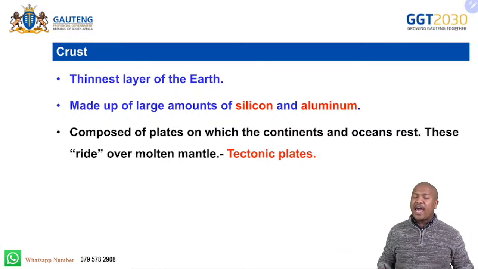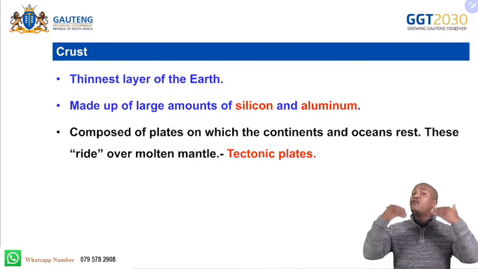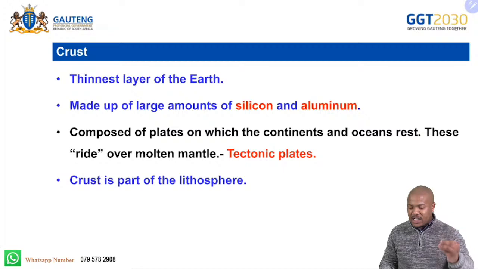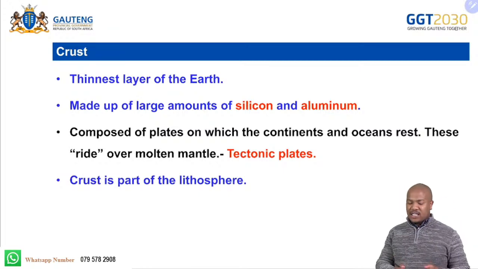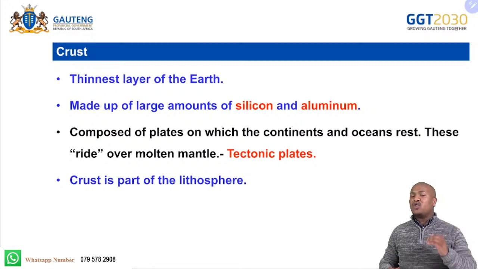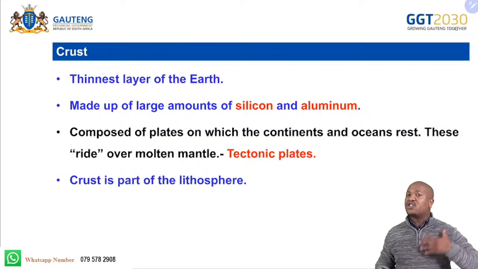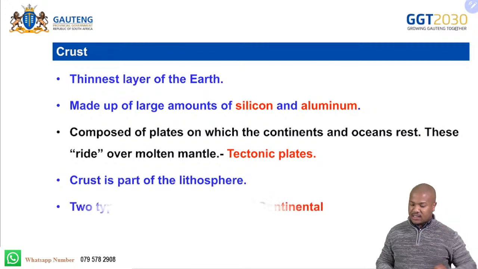Are we together? And we're going to learn more about this in the following grades. But now, it is composed of these plates which are called tectonic plates. And also the crust is part of the lithosphere. Remember we said that the lithosphere is all the solid rock and soil of the Earth's system.